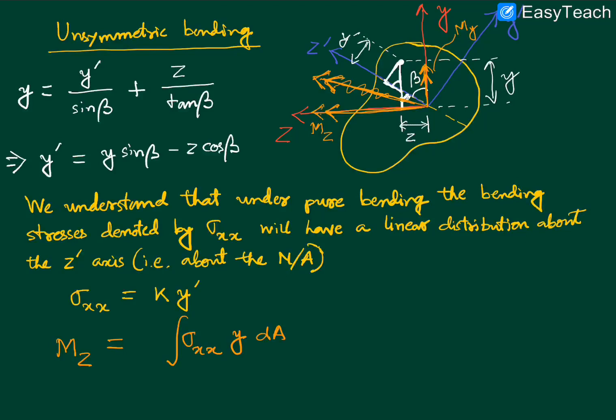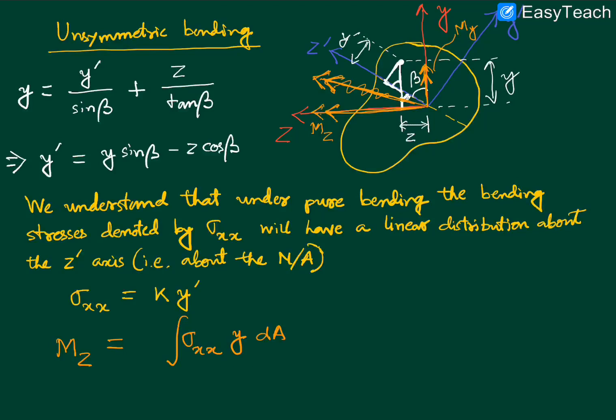So what I'm doing here is the sigma xx times the dA gives me the elemental force, and that elemental force multiplied by the moment arm y gives me the moment.